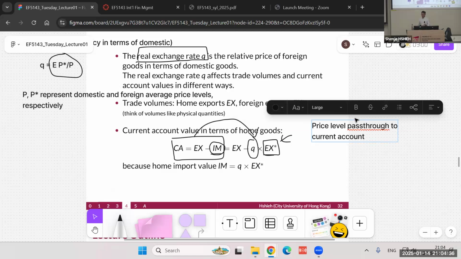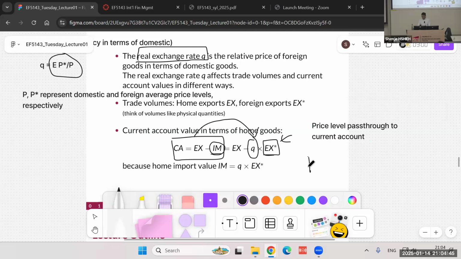What this tells us is that as foreign goods and services become more expensive, in other words, as P star increases relative to our prices, let's say P, that means their goods and services are becoming more valuable than ours. If their price levels are increasing, P star divided by P, remember, we're talking about comparable consumption baskets between countries, if their P is increasing, that means the current account is going to decrease.